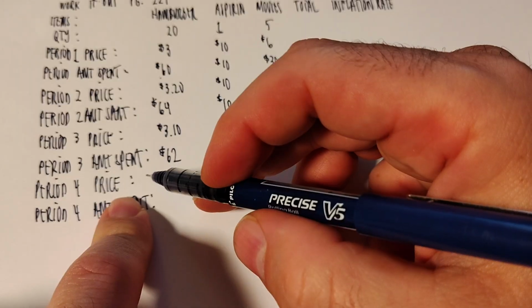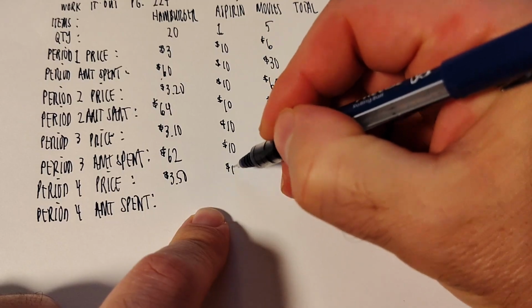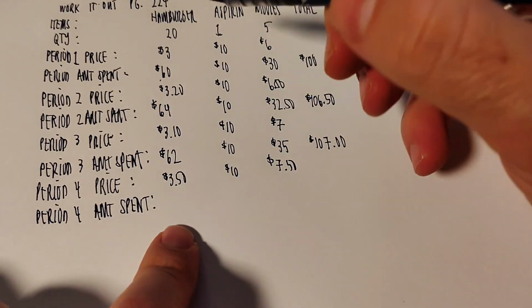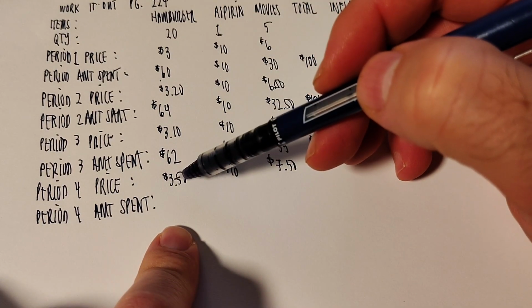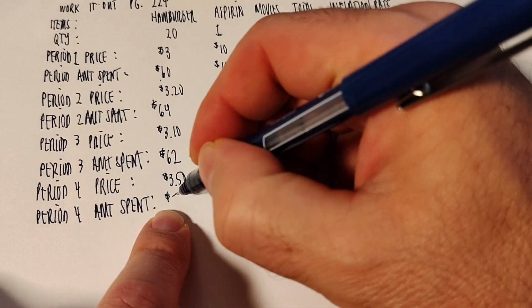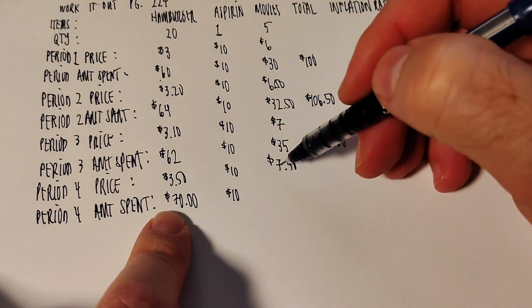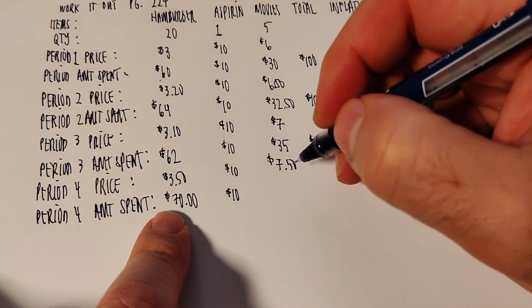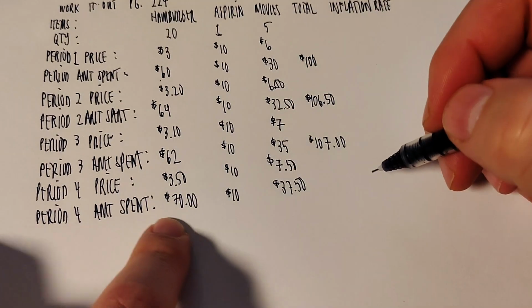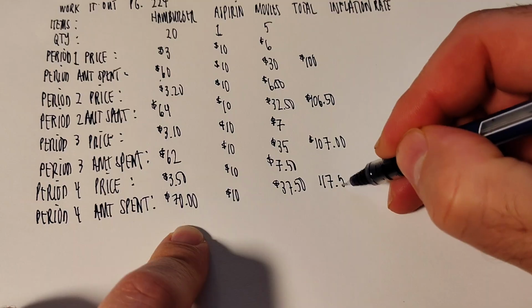And the last period is burgers go back up to $3.50. Aspirin is still $10, and movies are now $7.50. We take 20, multiply that by $3.50, and we're going to get $70. 1 times 10 makes $10, and then 5 times $7.50 makes $37.50. Add that across, and we'll get $117.50.